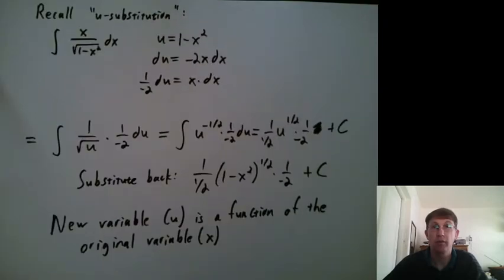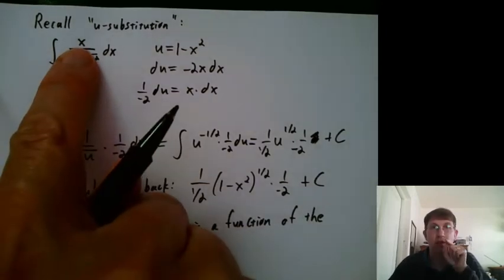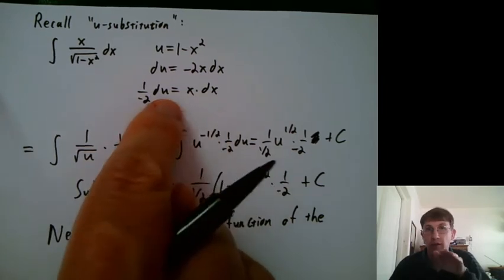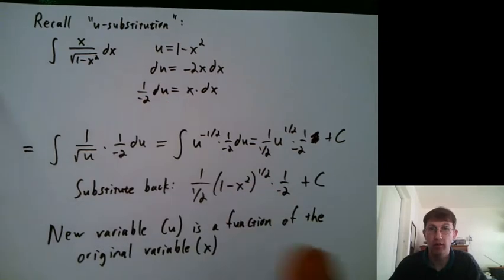So what do you think will happen with reverse substitution? Another thing to point out is that we needed just the right thing in the integrand, this x, to combine with the dx so we could substitute it out and replace it with something involving du, which we're not going to need here in reverse substitution.